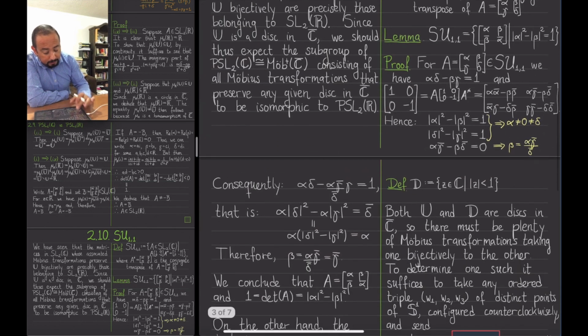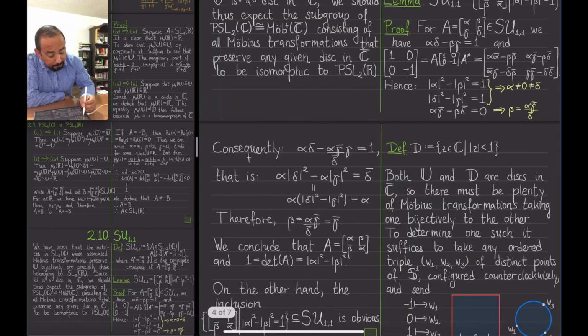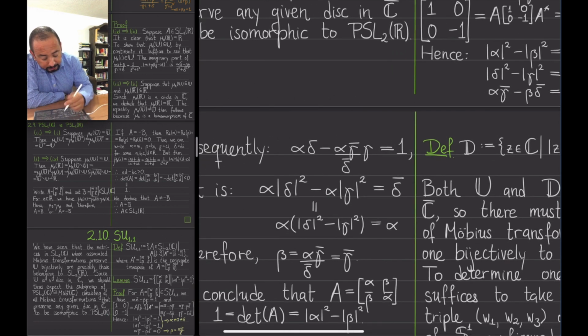Okay, fairly easy. Now I plug in this beta into the determinant condition, and when I substitute that, I obtain this equality, and then I can multiply by the denominator, which is delta conjugate, right? And so what I obtain is, you see here, delta conjugate becomes the square of the norm of delta.